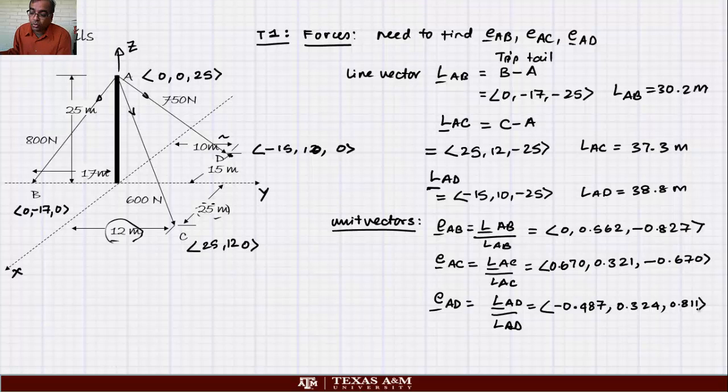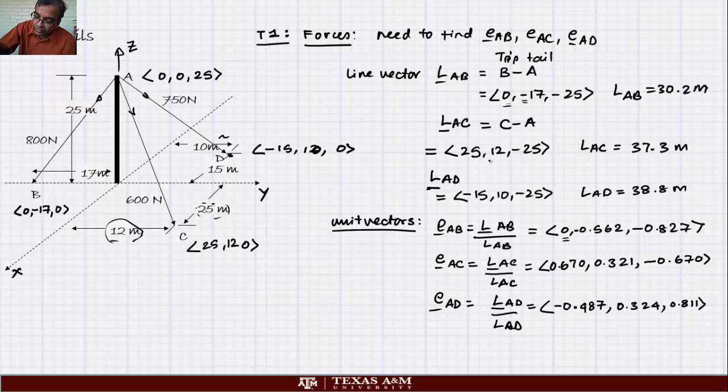Okay, how do I know whether these unit vectors are correct? What kind of diagnostics can I run? Well, look, if my line vector has 0, then my unit vector will have 0. That's check number 1. The sign of the line vector and the sign of the unit vector have to be the same. So this has to be minus. You see how I got that error? Because the signs have to be the same.